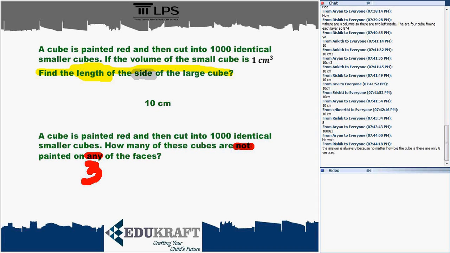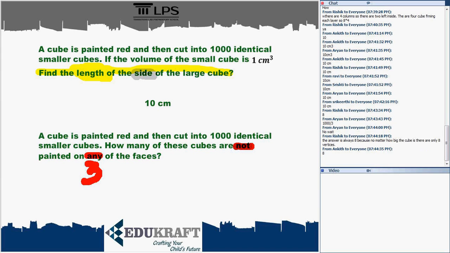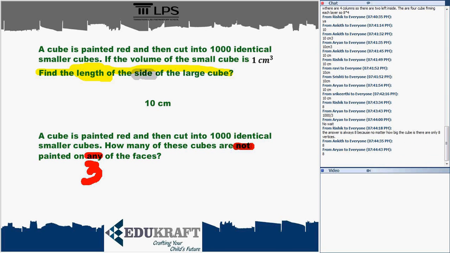How many painted on three of the faces? Rishik, absolutely correct. Excellent. Remember, the answer for how many cubes are painted on three faces is always going to be eight.